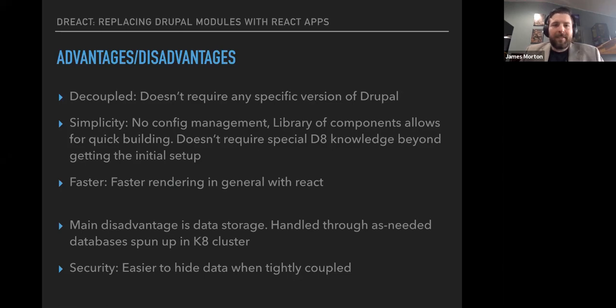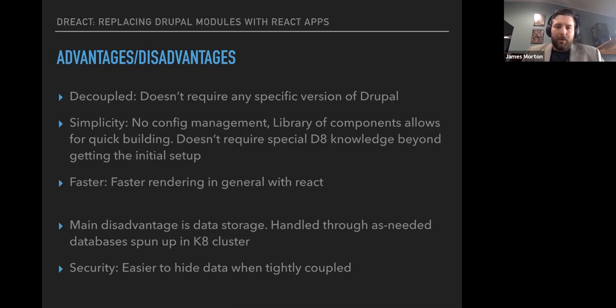So in however many years when we end up with Drupal 10 or Drupal 11, there's only one module that needs to be rebuilt, and that module just needs to be able to inject these apps into the page. Or if we decide to get away from Drupal entirely, these apps could be spun up on their own in a Docker container in the Kubernetes cluster that we're running, and they would work fine. We really didn't want them to have to use a specific version of Drupal or to depend on any CMS or backend. We wanted to make sure they kept decoupled.